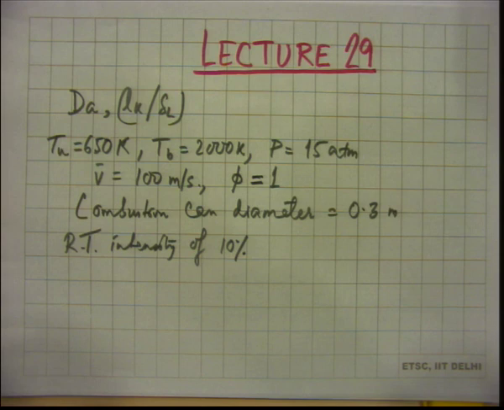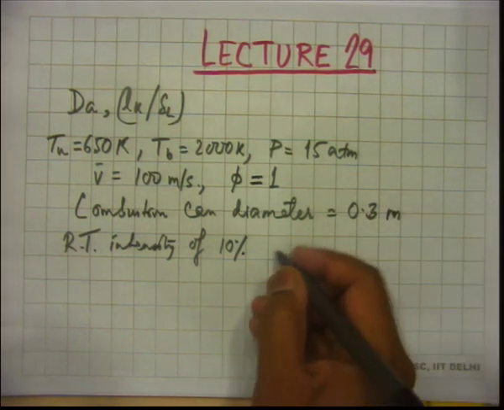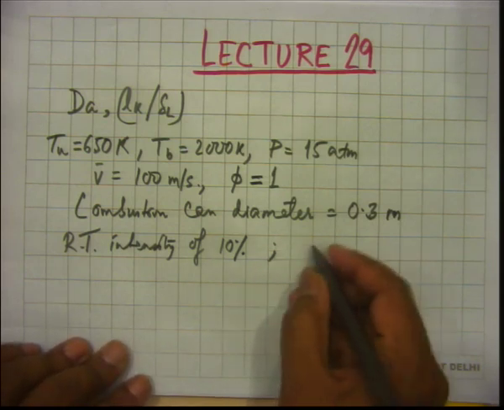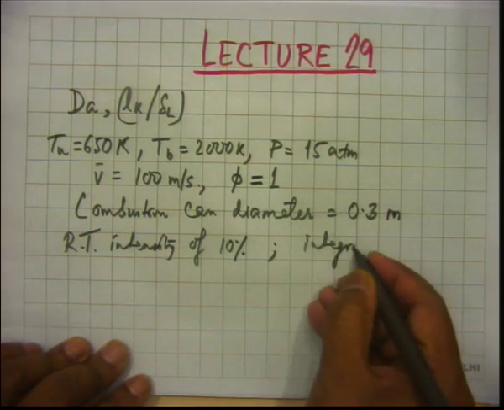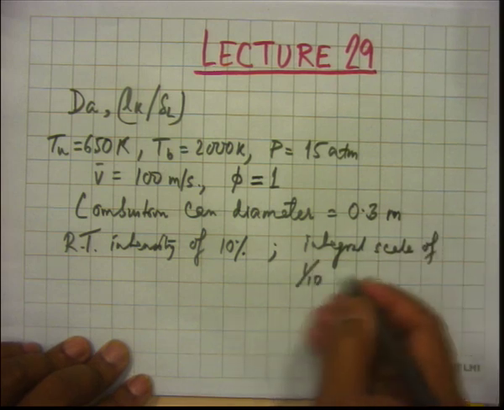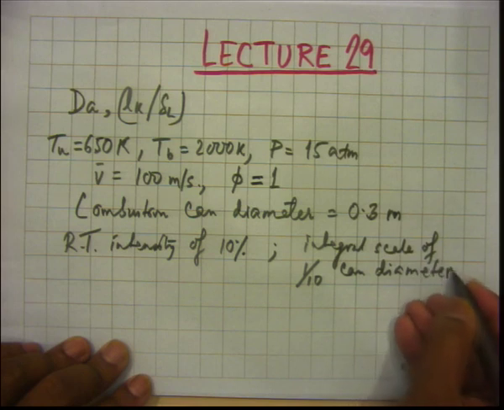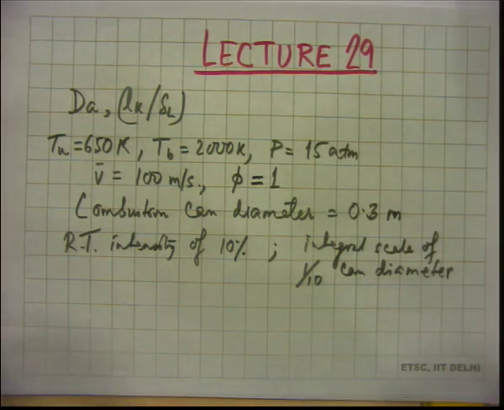Can diameter is given, it is 0.3 meters. Treat the fuel and air as essentially premixed.